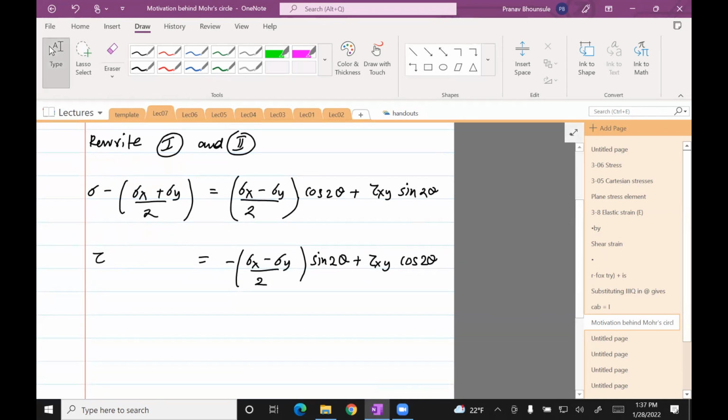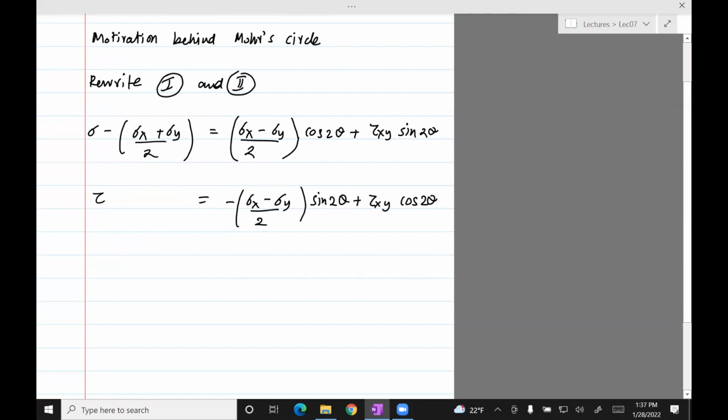Okay, now it turns out that if you square these two equations and add them up, the 2 theta will disappear from the equations. So you can try this out if you want.